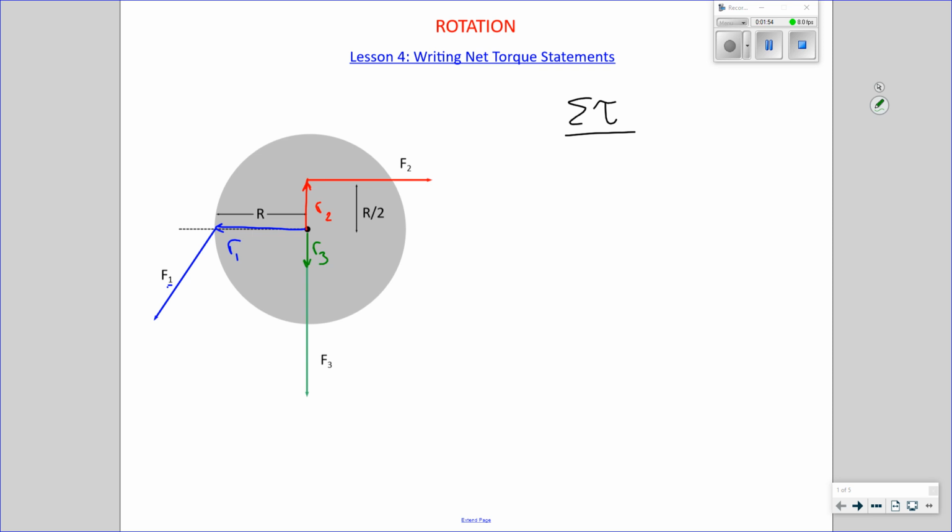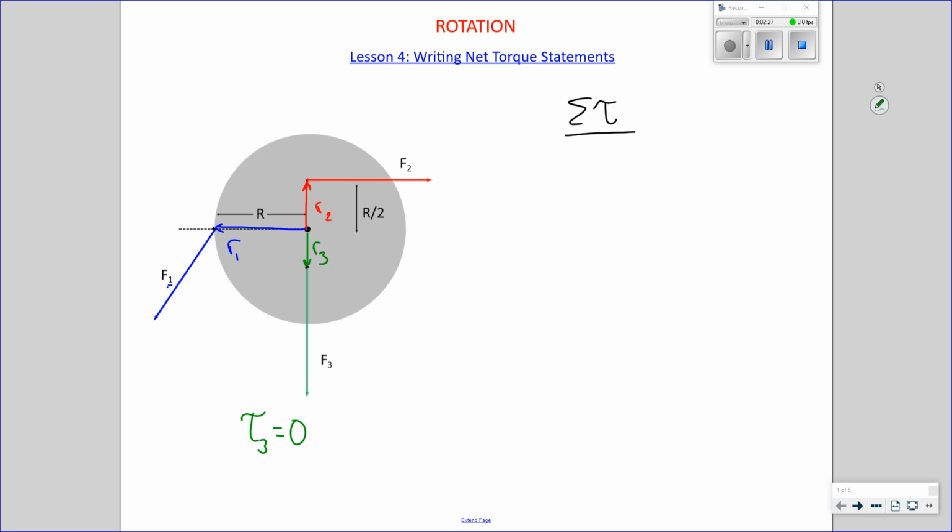So when a force vector starts there, it means that's where the force is being applied. When F3 starts there, it means that's where F3 is being applied, similar with F1. This should tell us right off the bat that the torque created by F3 is 0. The reason is that F3 contains no component that's perpendicular to vector r3.